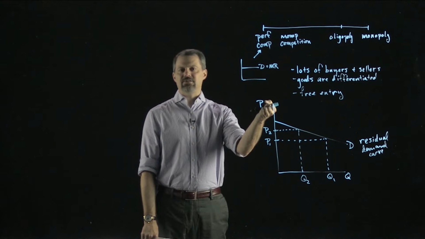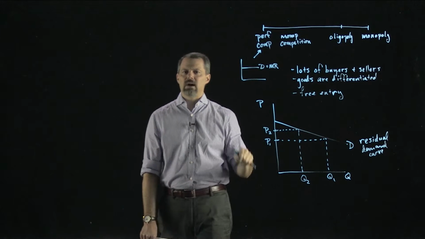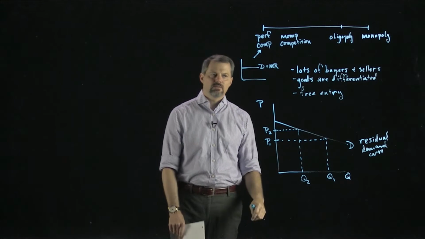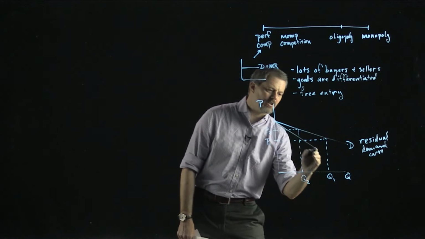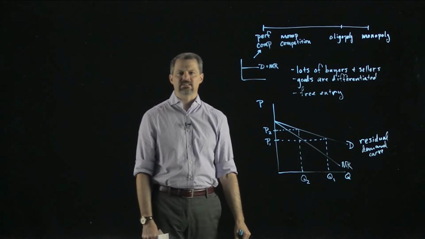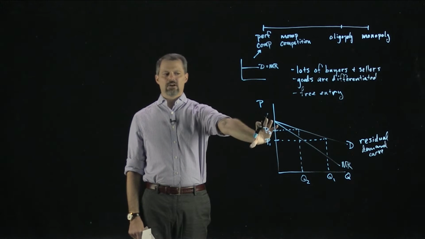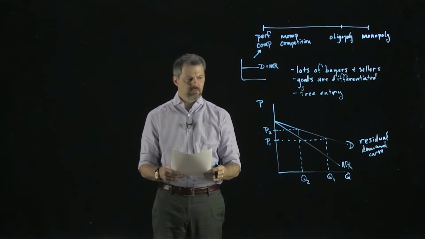They could certainly raise their price enough to lose all of them, but they still have some market power. They face a downward sloping demand curve. What we know from monopoly is that anytime you face a downward sloping demand curve, your marginal revenue curve has the same intercept and twice the slope. So for a monopolistically competitive firm, they're going to face a downward sloping marginal revenue curve.